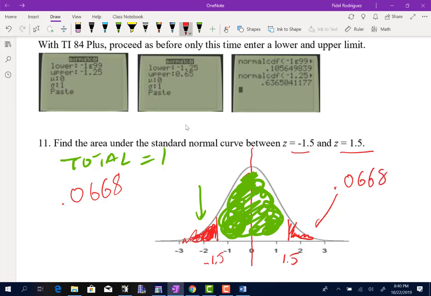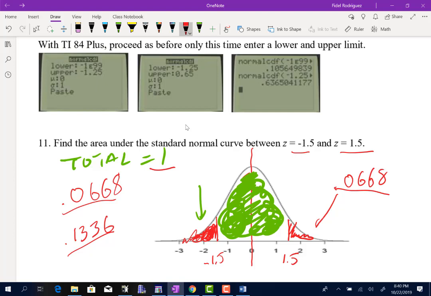Yes, it is, right? So couldn't we say, look, let's take those two numbers and add them together, or let's take those two numbers and multiply them by 2? Do me a favor, anybody got a calculator? What's 0.0668 times 2? 0.1336? Okay. And then guys, if we know the total area is 1, wouldn't we say we're going to take 1 minus this number here? And wouldn't that tell me the area that's still left in the green? Does that make sense?